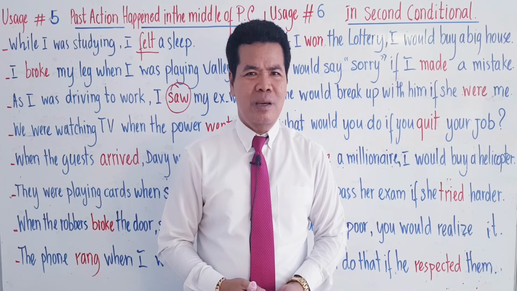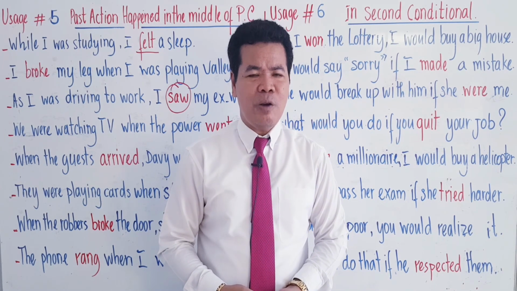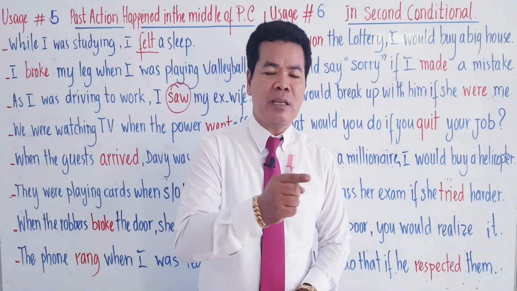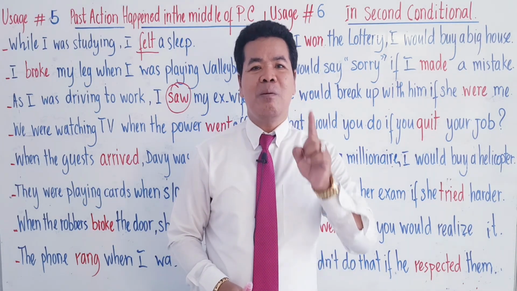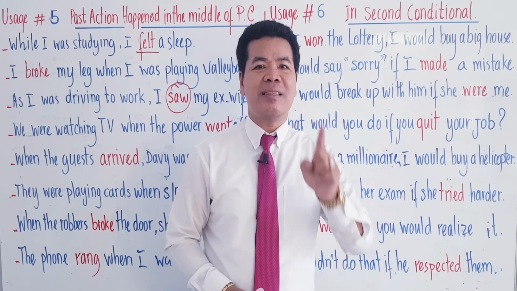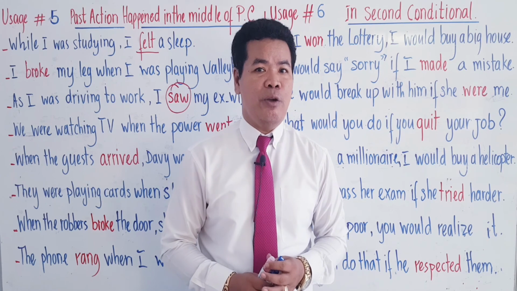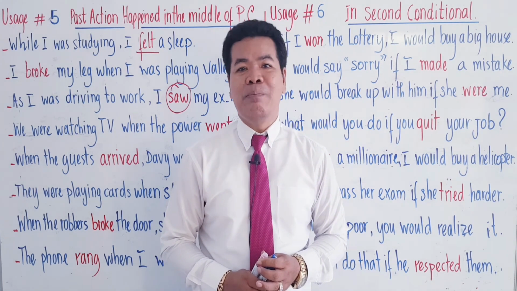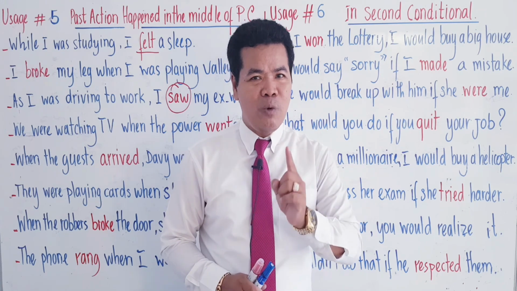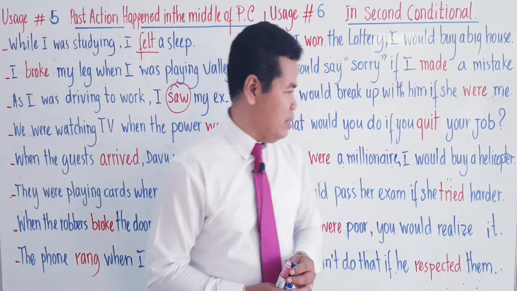She cannot pass the exam. Okay? So in the second conditional, we talk about actions or situations that are impossible. As I have already told you, 99% is impossible. Only 1% it can be. Right? Let's go to the next one.